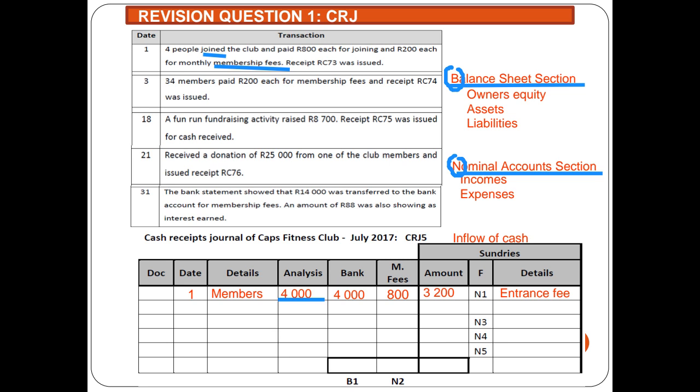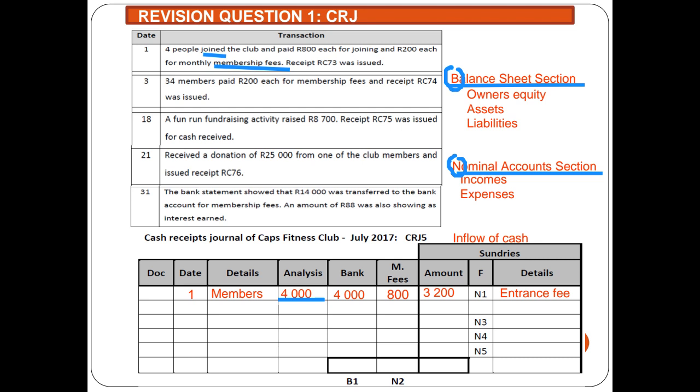Yes, read it for us, brother. On the 3rd, 34 members paid 200 each for membership fees, and receipt RC74 was issued. So on the 3rd, RC74 was issued. We record it under document, the RC74.